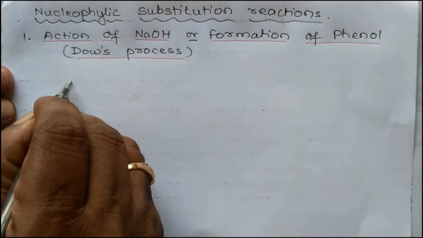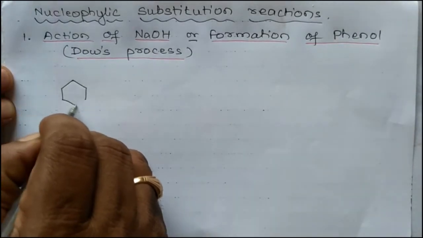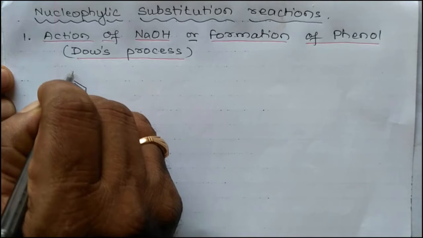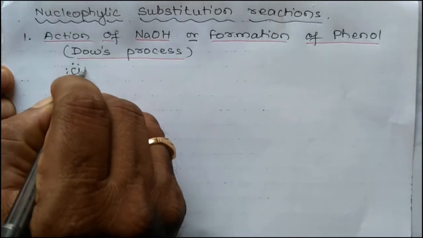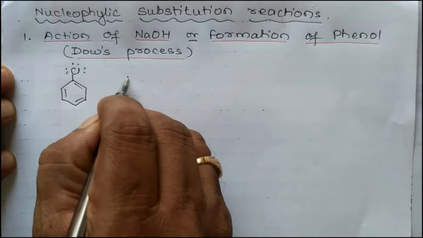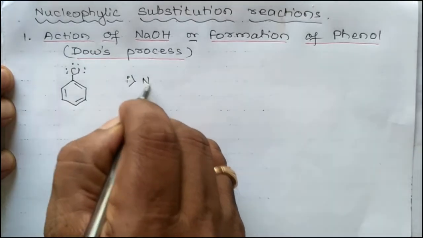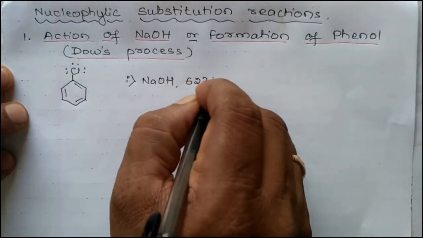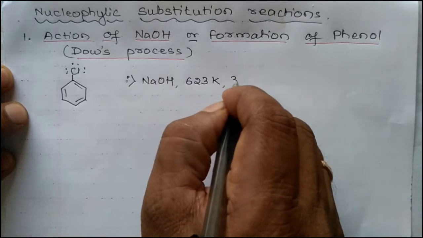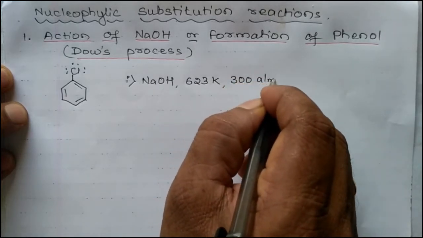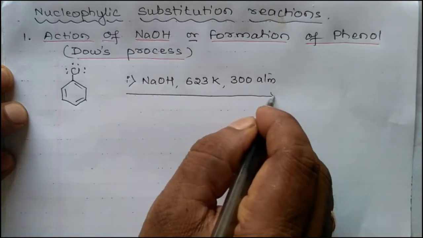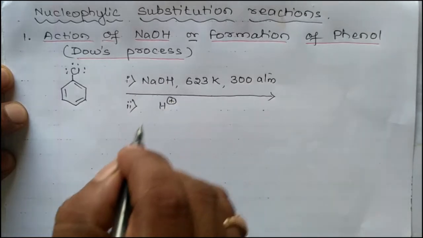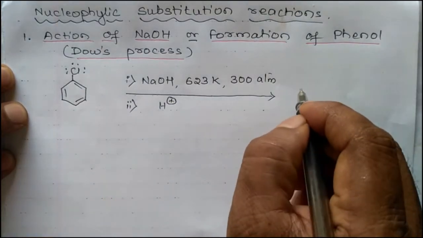First example, chlorobenzene. Under normal conditions the replacement is difficult. So chlorobenzene is treated with sodium hydroxide under drastic conditions such as 623 Kelvin temperature, about 300 atmospheric pressure, followed by acidification with any acid or dilute hydrochloric acid.